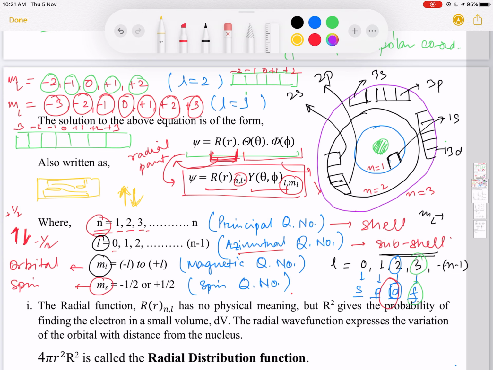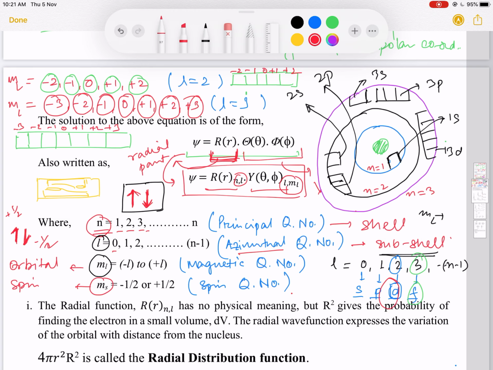Say this is an orbital, then one electron will be present like this in the upward spin, and if another electron comes, it will be present as downward spin.